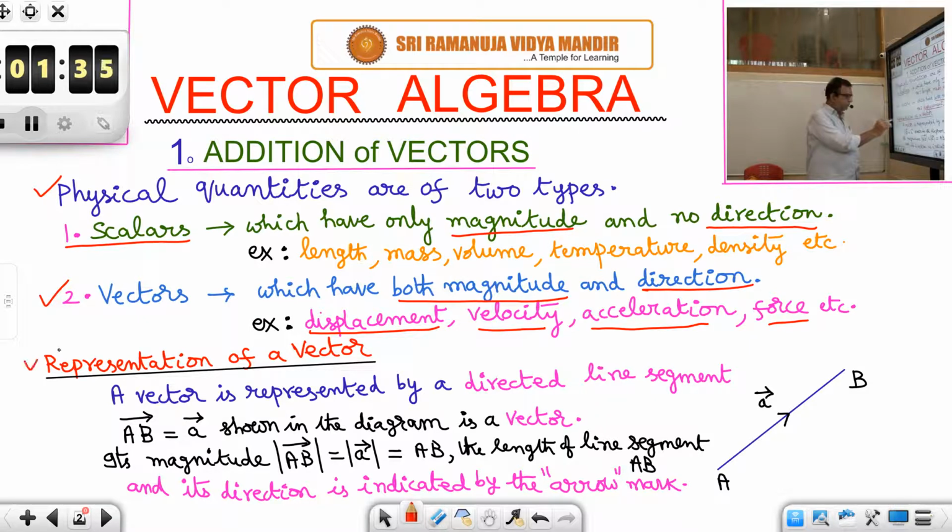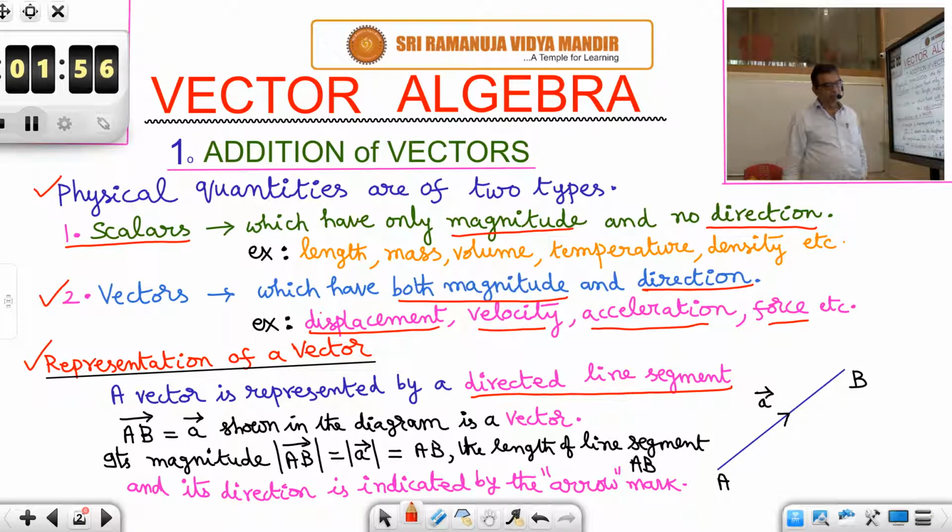Then the next question is how to represent a vector. A vector is represented by a directed line segment. Line segment means you take any 2 points in the plane or in space and join them by means of a straight line.